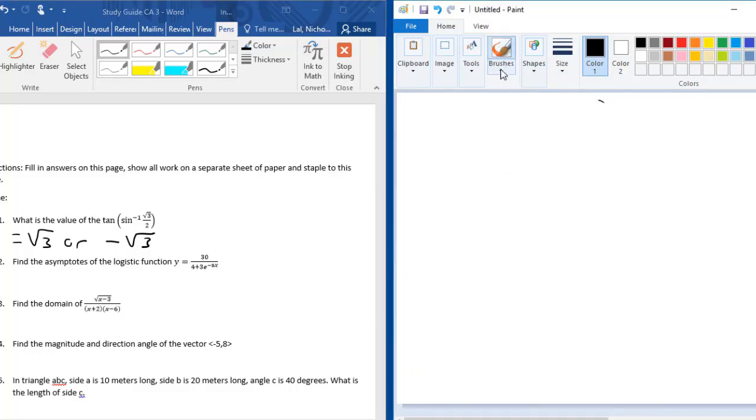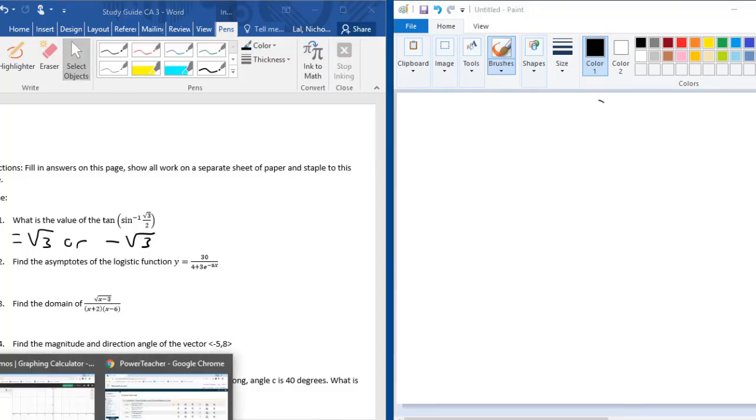Find the asymptote of the logistic function, 30 over 4 plus 3e to the negative 3x. And so this is definitely a question where it's going to make sense to use Desmos or a graphing calculator. I'm going to use Desmos here.